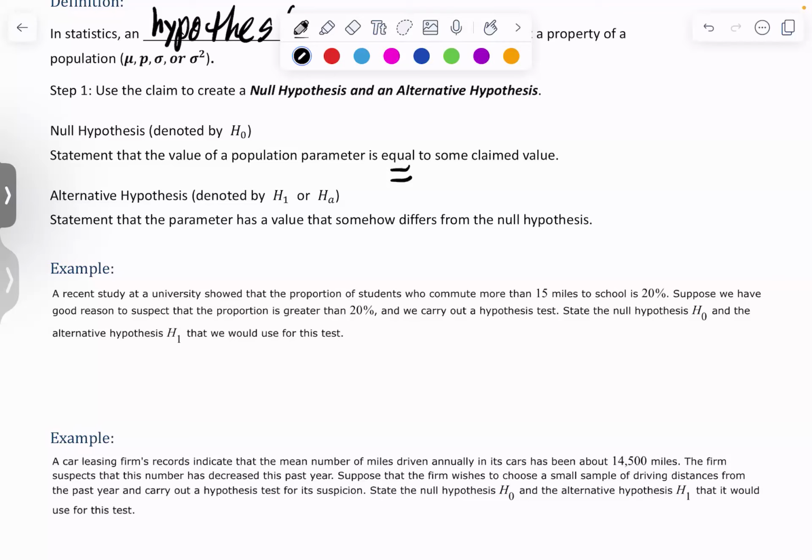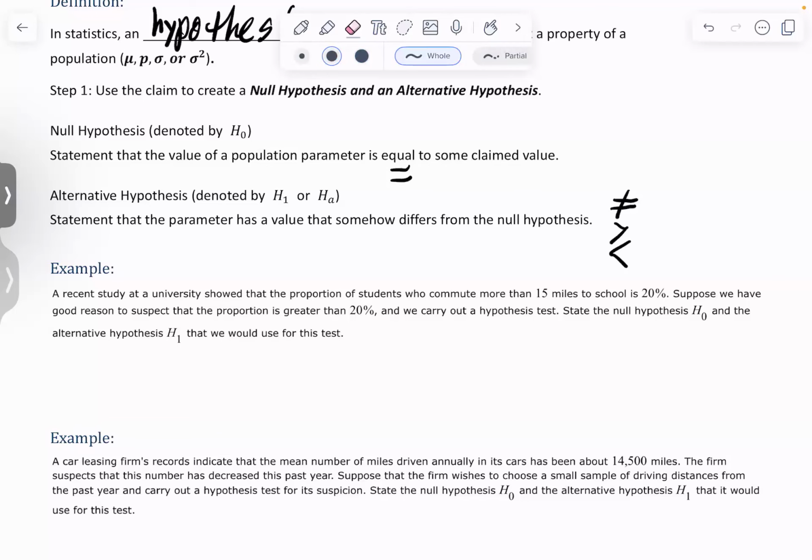Other courses or subjects could use H sub A for alternative. It's a statement that a parameter has a value that somehow differs from the null hypothesis. So the symbols we'll be using for this are not equal to, greater than, or less than, and which one we use will depend on what the actual statement is.